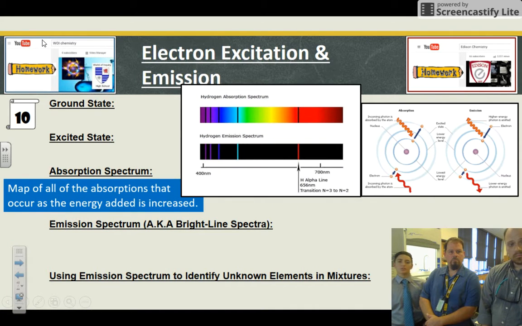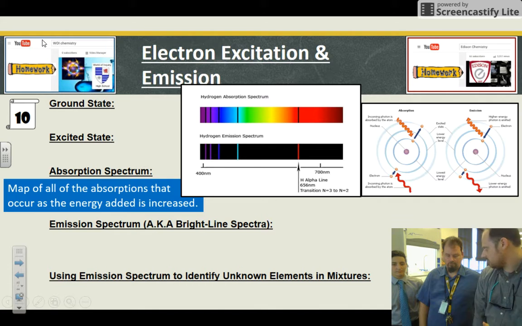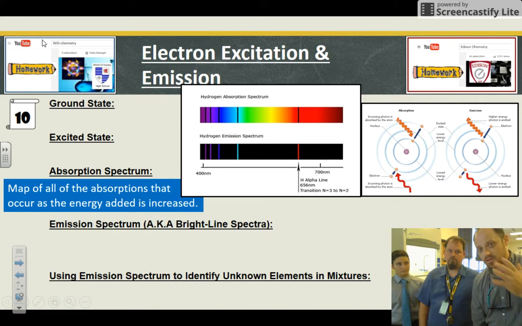The absorption spectrum is a map of the absorptions that occur as the energy added is increased. Let me simplify. Certain elements, because they have a specific number of electrons in certain orbitals, absorb very specific wavelengths of light.